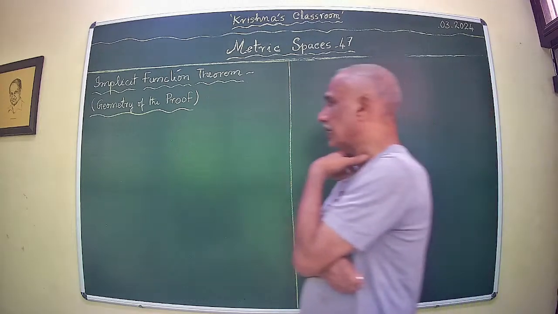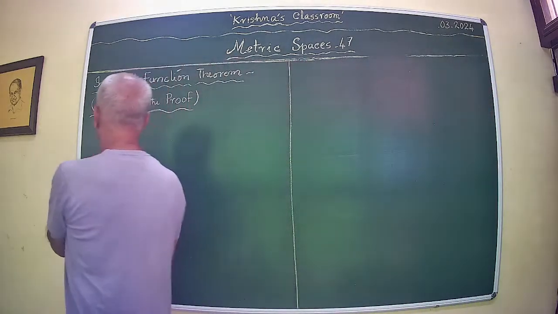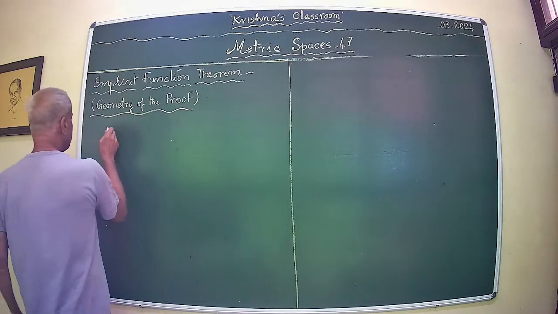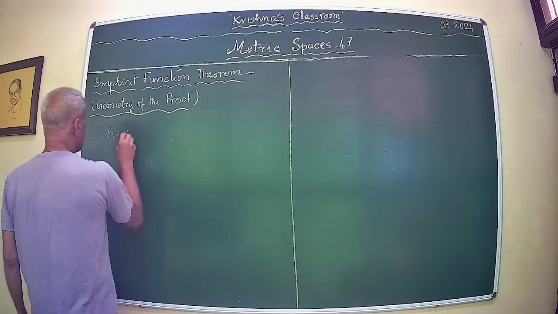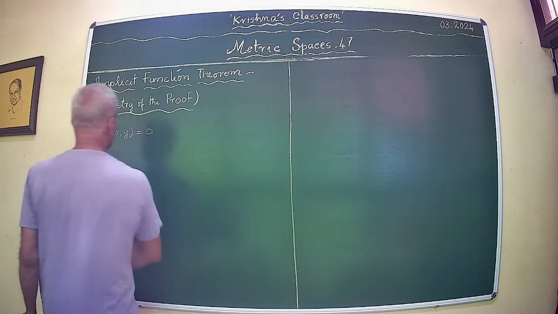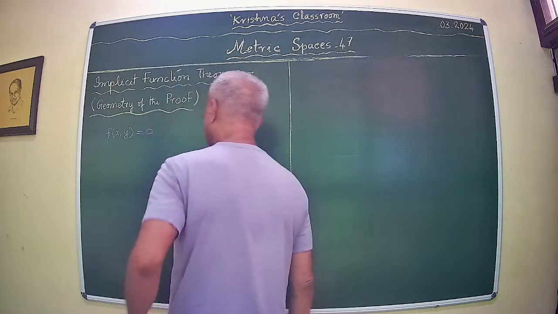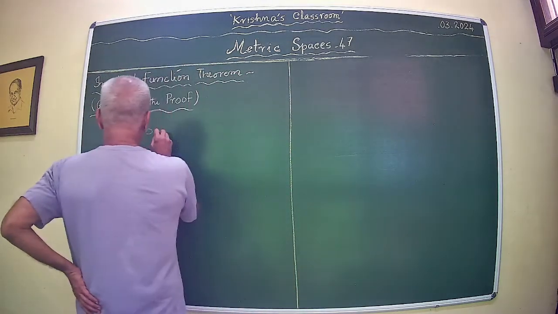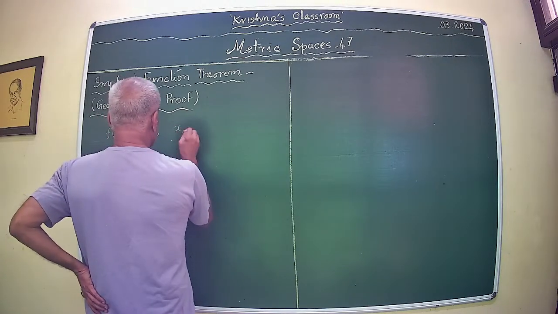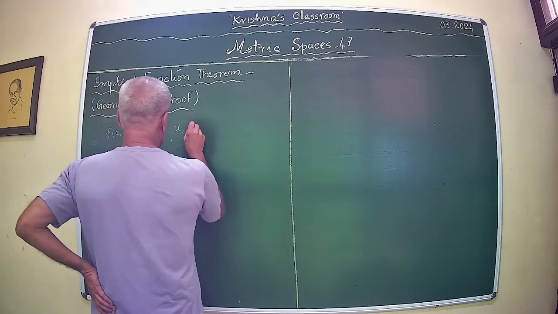Okay, just recall what we were looking at. We wanted to solve this equation, y as a function of x in the neighborhood of a point x naught, y naught.